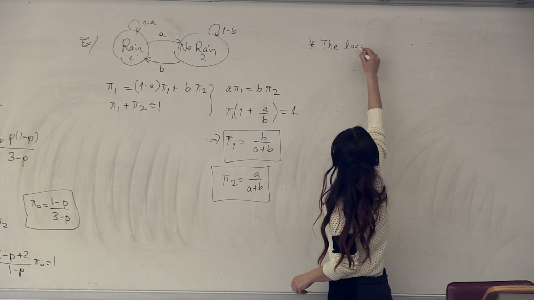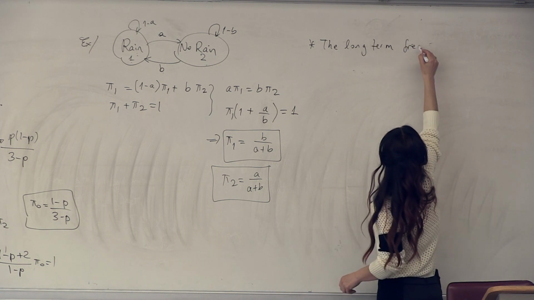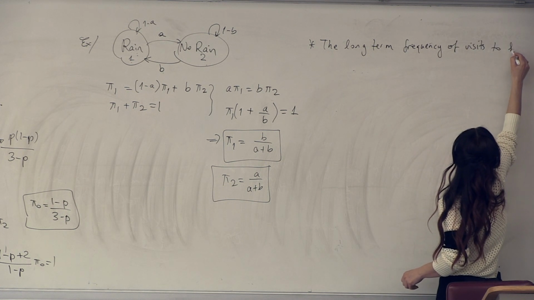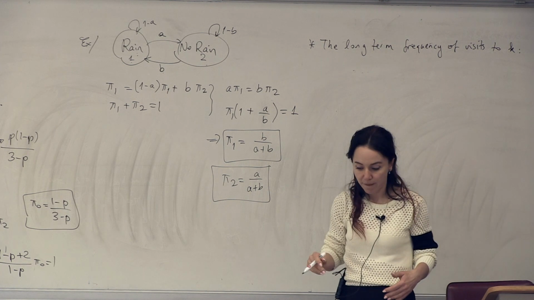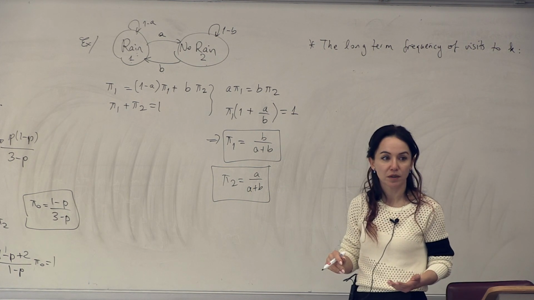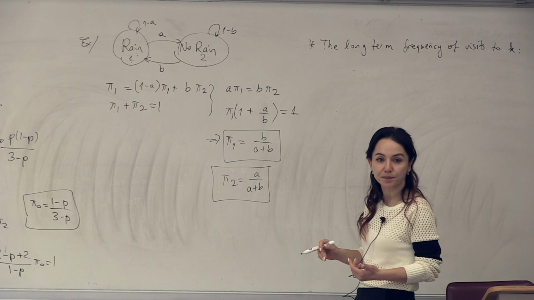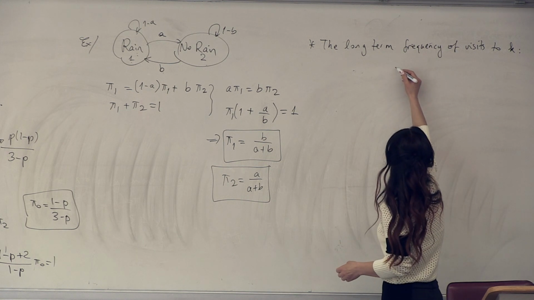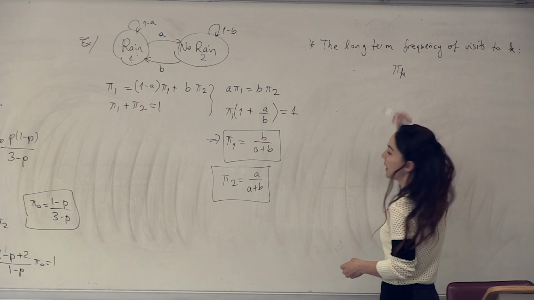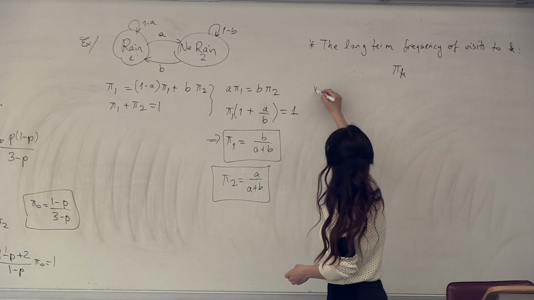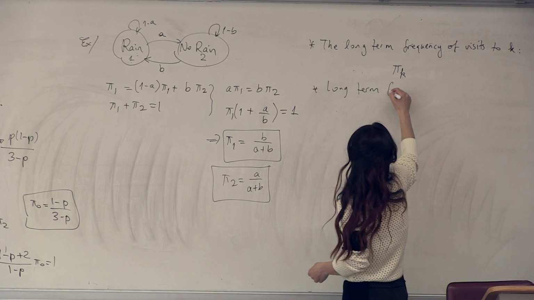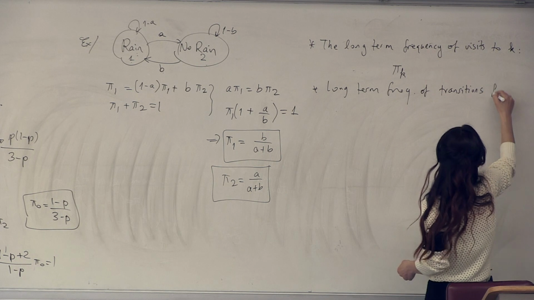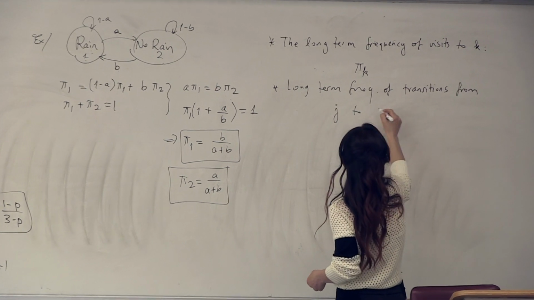The long-term frequency of visits to state K, the long-term frequency of transitions to state K, we've already shown that is pi K. How about the long-term frequency of transitions from J to K?